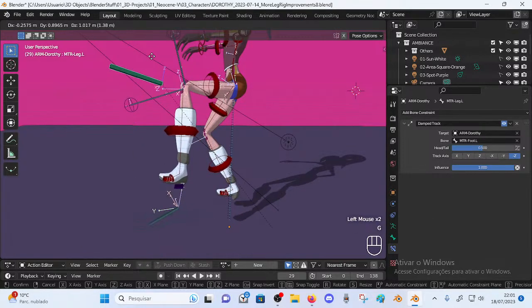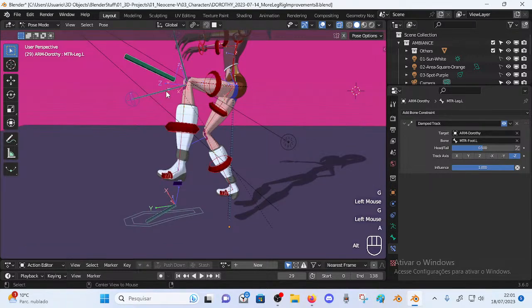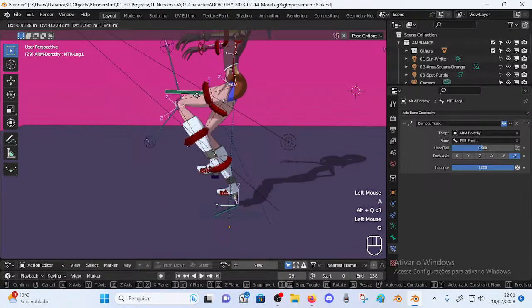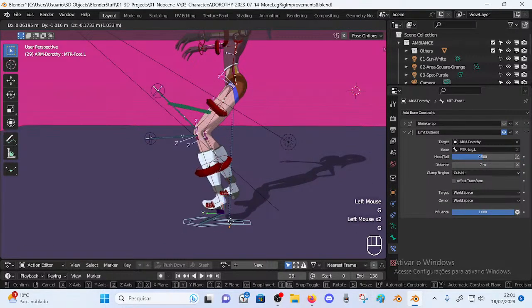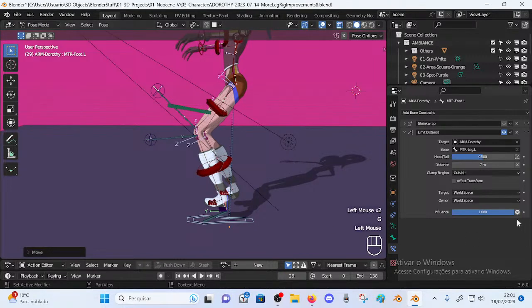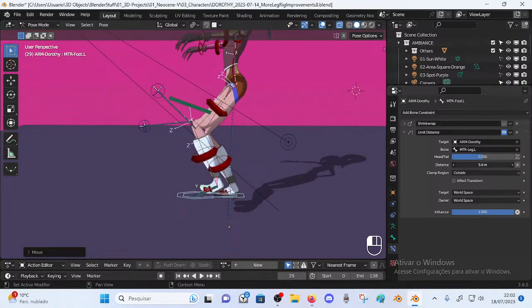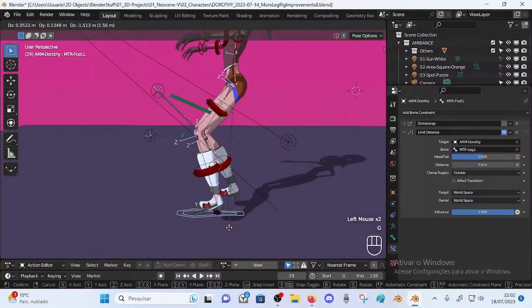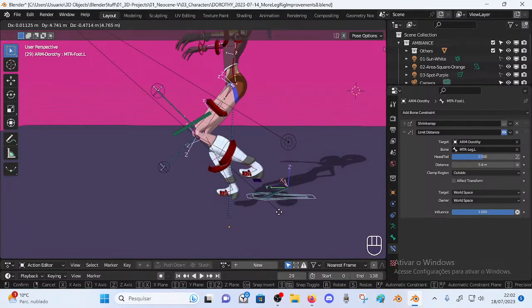It's because this bone is too close to, yeah, I need to reduce this distance. So I could do something like that, but not too much. Let's see. And of course this might have trouble because these bones change position, right?